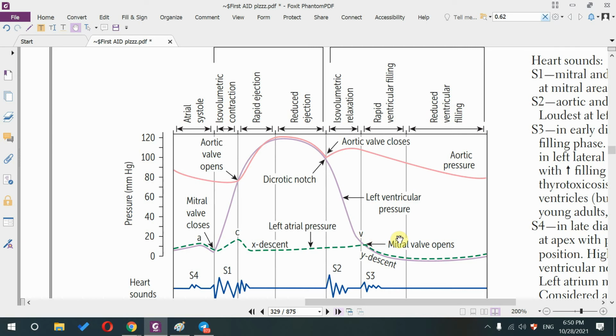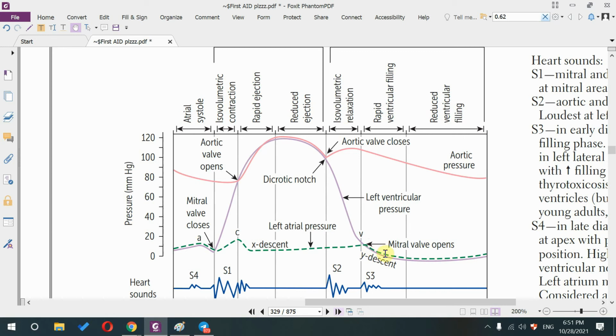Where is it filling from? Correct, the pulmonary veins. So the pulmonary veins are ejecting blood to the left atrium. And that leads to the creation of this slope. Okay, guys? And when it reaches this point, the mitral valve opens because the pressure in it is higher than the left ventricular pressure.